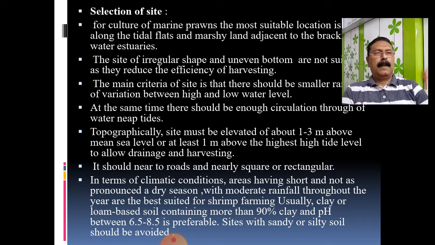That means you know very well in the case of fish ponds we are making the dikes as well as the bunds, and we call the freeboard. Similarly here also in marine water prawn culture, topographically you should have an elevation of near about 1 to 3 meters above the sea level, the mean sea level, MSL. Why should it be 1 to 3 meters above the sea level?